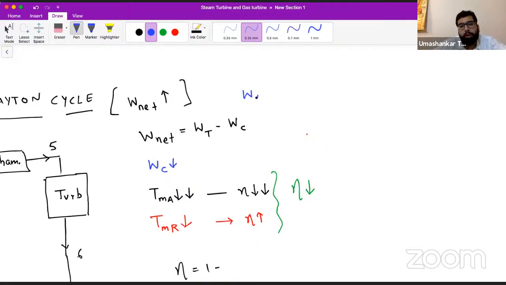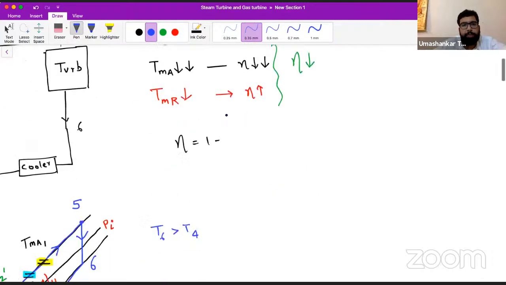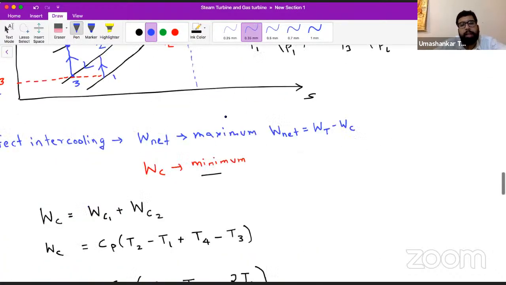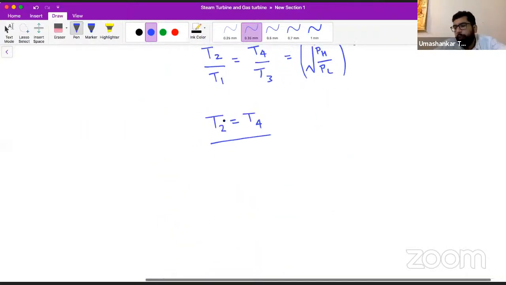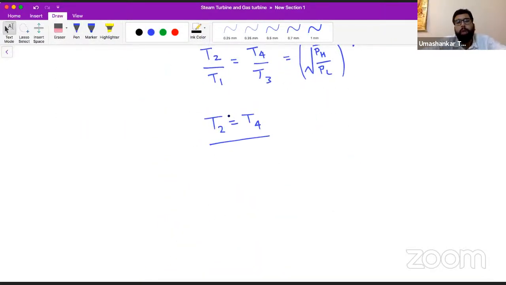So if you differentiate the net work formula, you have to take turbine work as constant, so it will come 0. The answer will be the same. Got my point? So let us move to the reheat cycle.